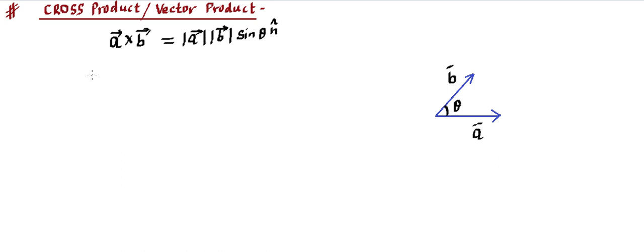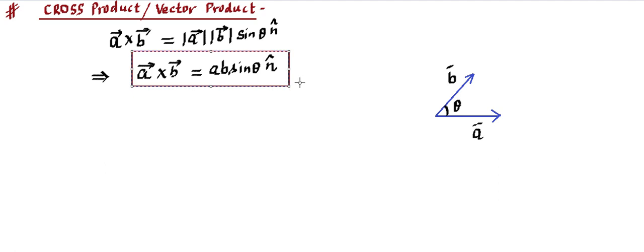So we can rewrite it in a simpler looking form. A vector cross B vector is equal to the magnitude of the first vector, the magnitude of the second vector, into sine theta, which is the angle between the two, and n cap. So this is how the cross product between two vectors is defined.